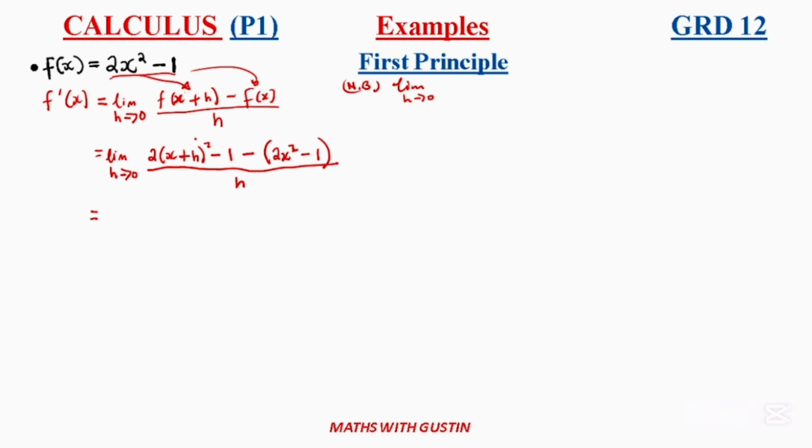Right, so next step, we're going to have to expand this, and then here we're going to have to multiply throughout by a negative. All right, let's do that. H approaches 0. 2 will remain as 2 times x plus h, close bracket, times x plus h, therefore minus 1, therefore you multiply throughout by a negative: 2x squared, and negative times negative is going to give us positive, therefore it's going to be 1 there.